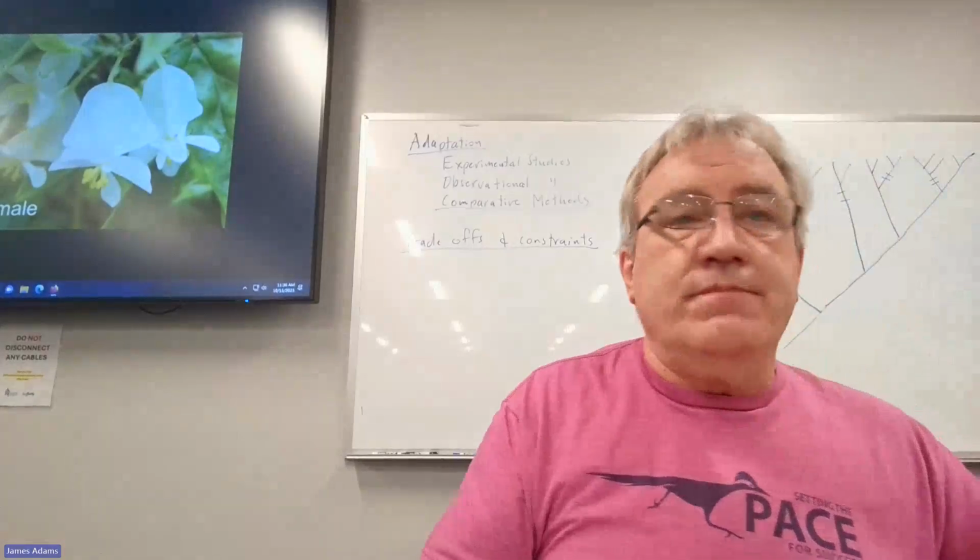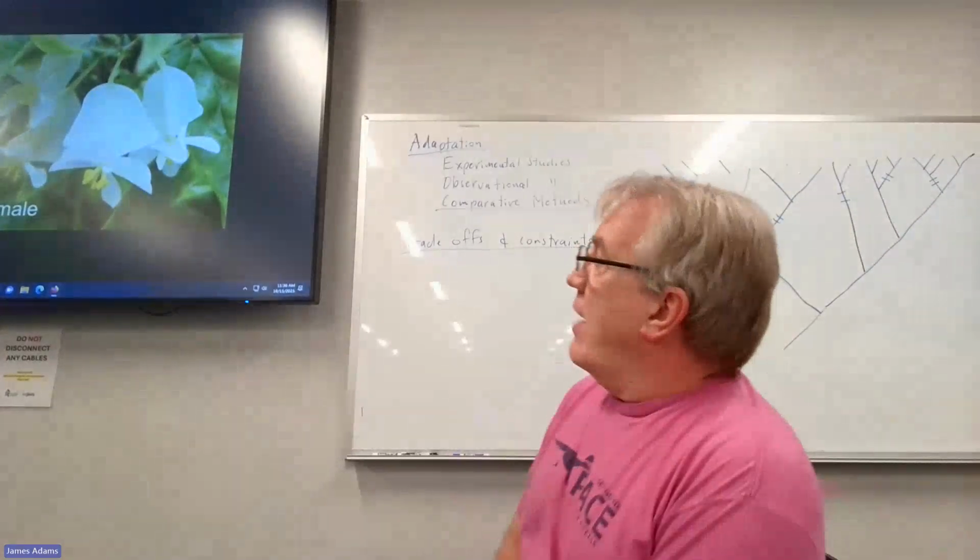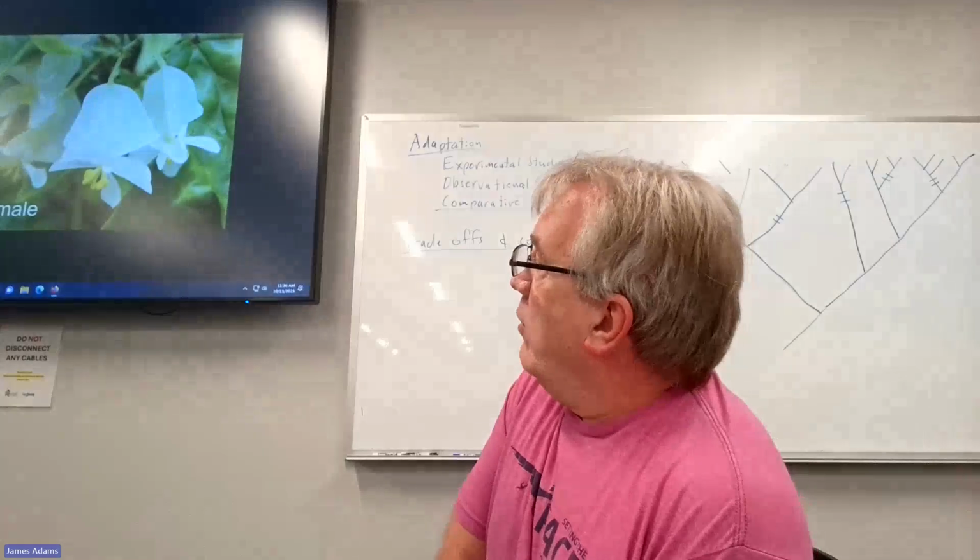Okay. All right. So on the left here, we have a male begonia flower, and on the right, we have a female begonia flower. Now, you may wonder, why am I showing you? We all understand that different flowers have different ways of reproducing. Some flowers have both male and female parts in them.